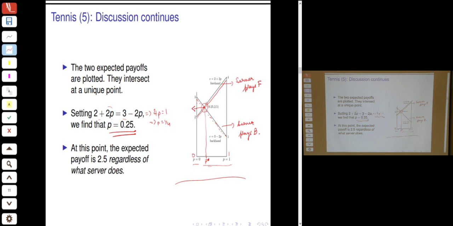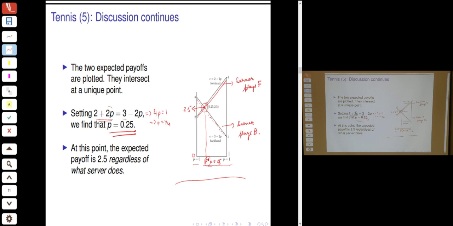To calculate the payoff corresponding to p equal to p star, which is 0.25, you can just substitute p equal to 0.25 into this equation and get that the payoff is 2.5. Okay.